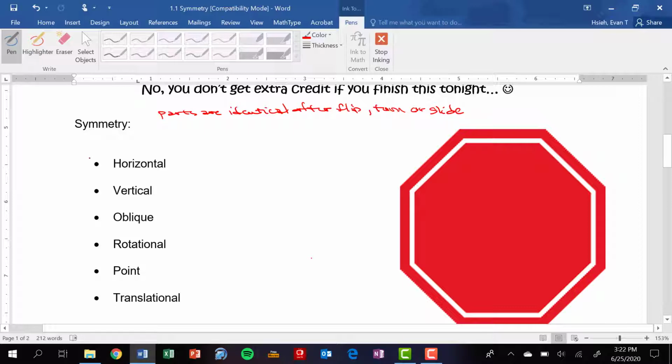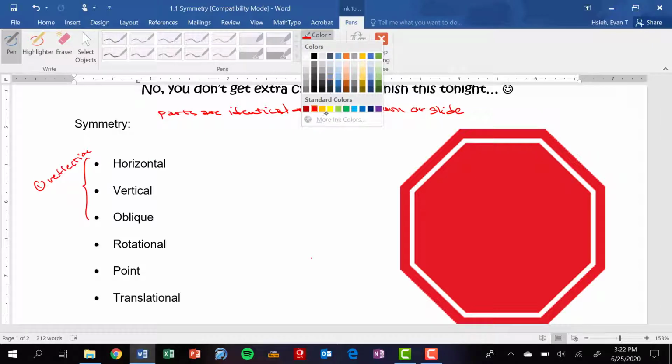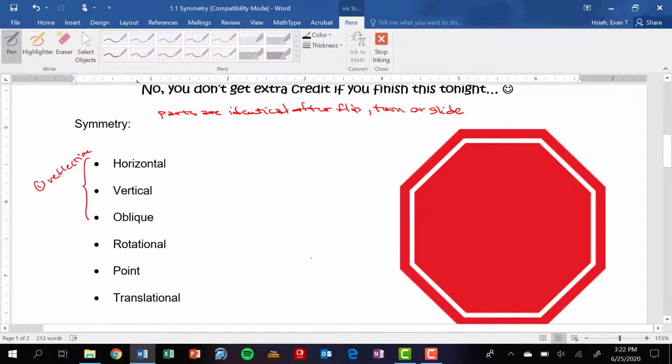The first three things here represent the first type of symmetry, which is reflectional symmetry. Basically it's talking about the type of line that the figure would be reflecting over. So if I look at this thing over here to the right, it's a stop sign without the word stop in it.